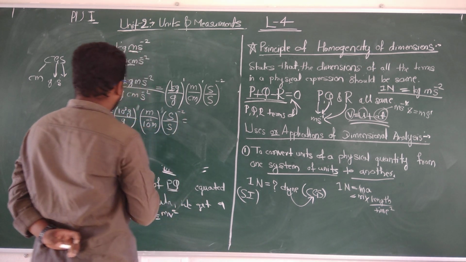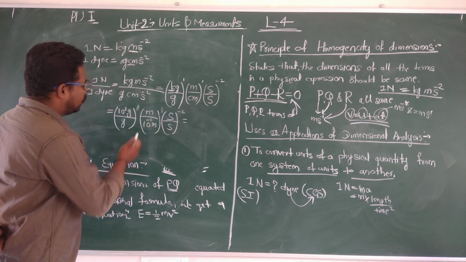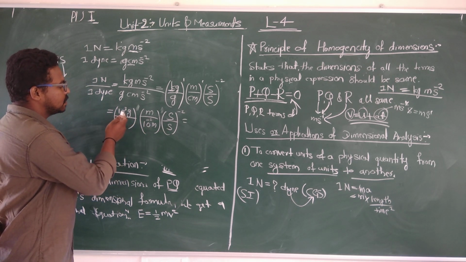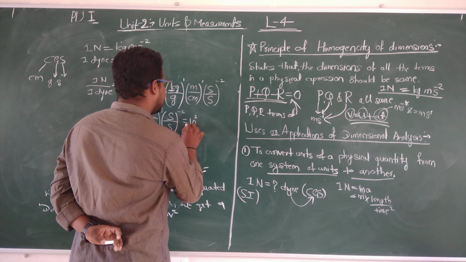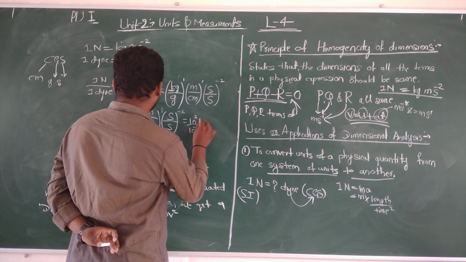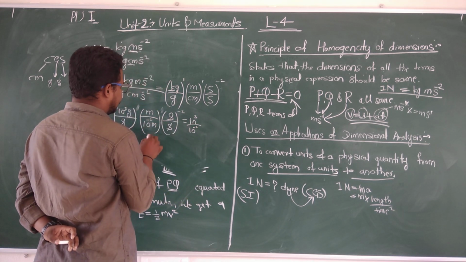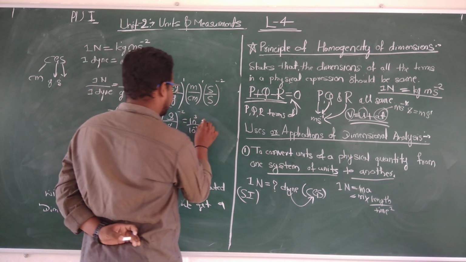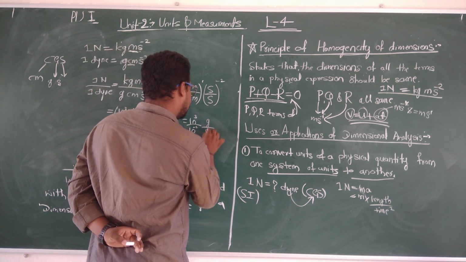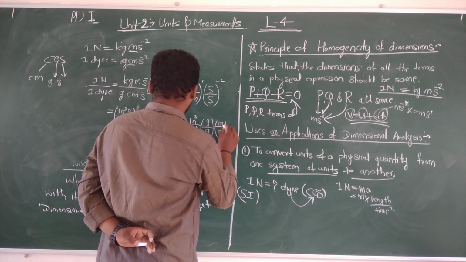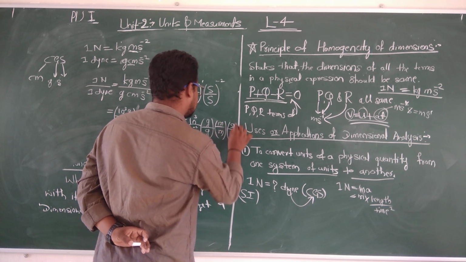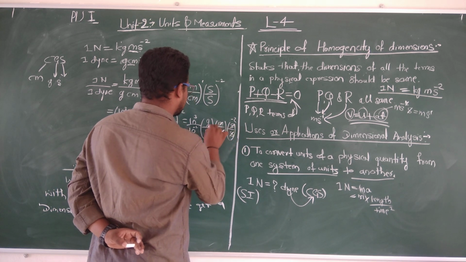Now take the numbers out of the bracket: 10 to the power 3 and 10 to the power 2. Gram cancels with gram, meter cancels with meter, and second square cancels.